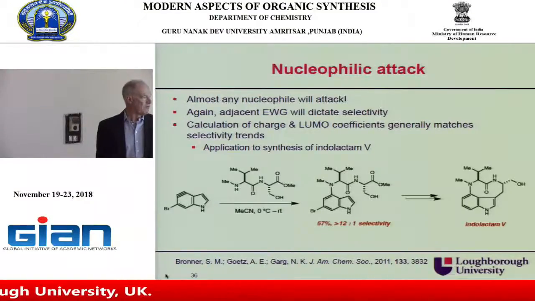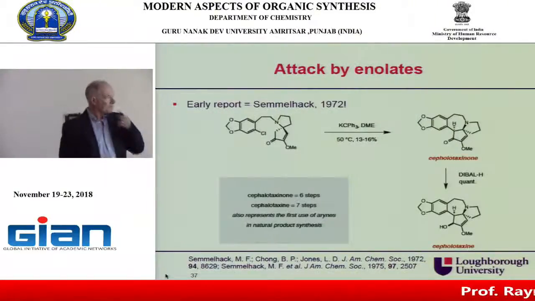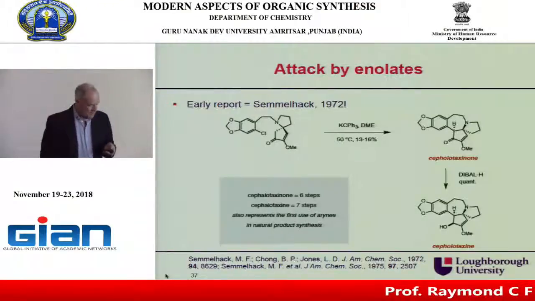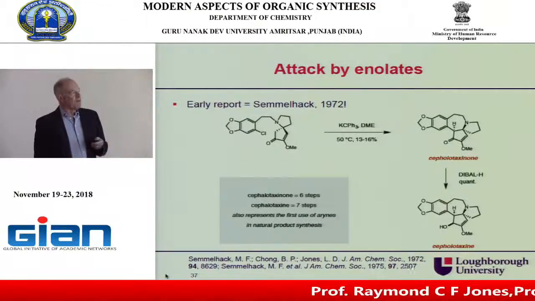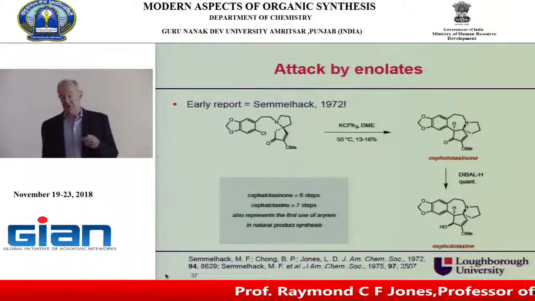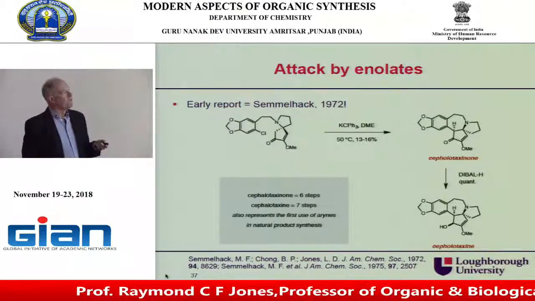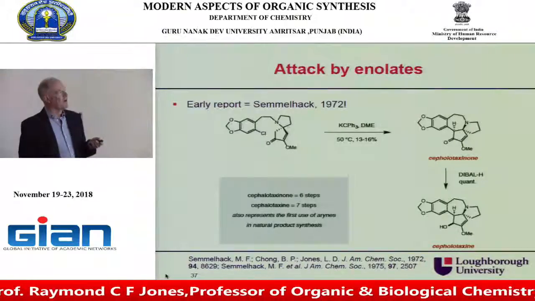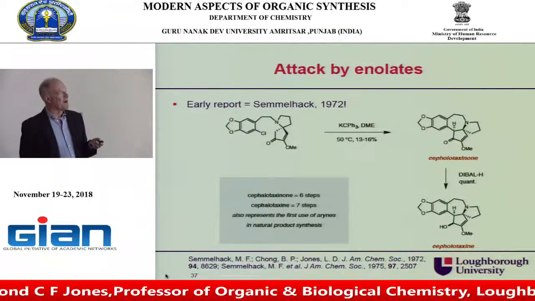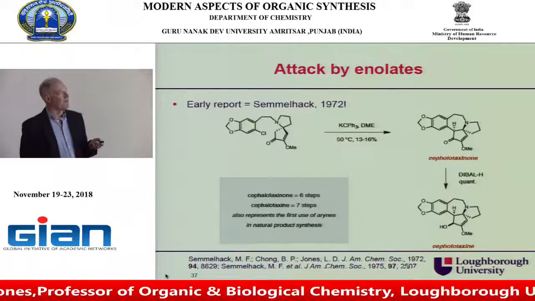This is a much more recent example from 2011. That was attacked by a nitrogen nucleophile, lone pair nitrogen. You can also have attack by enolates, by carbanions, carbon nucleophiles.